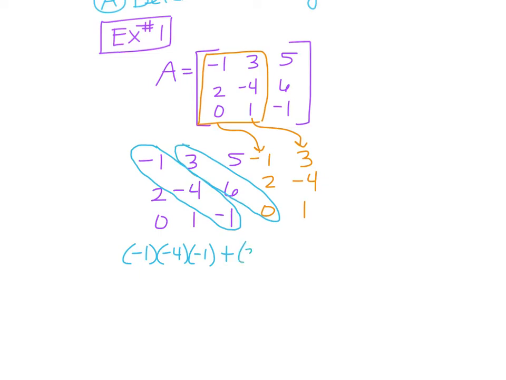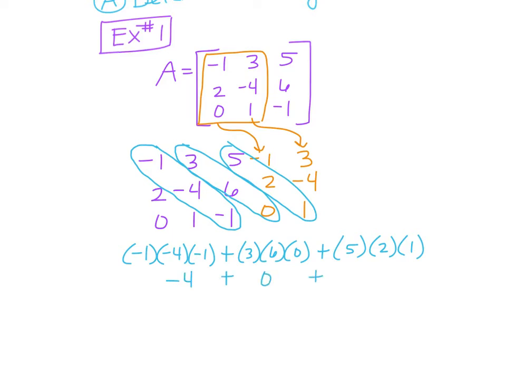So this would be 3 times 6 times 0. 0 is like our best friend in multiplication. And then the last one, we're going to multiply 5 times 2 times 1. Okay, so when we do that, we get -4 plus 0 plus 10. Okay, so that comes out to 6.